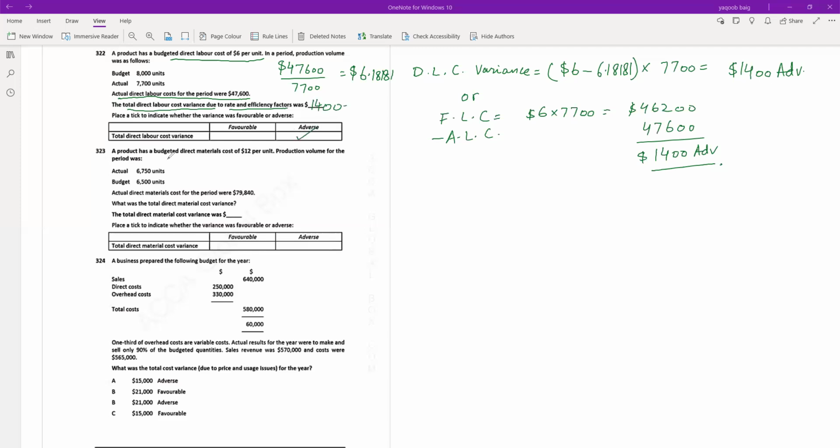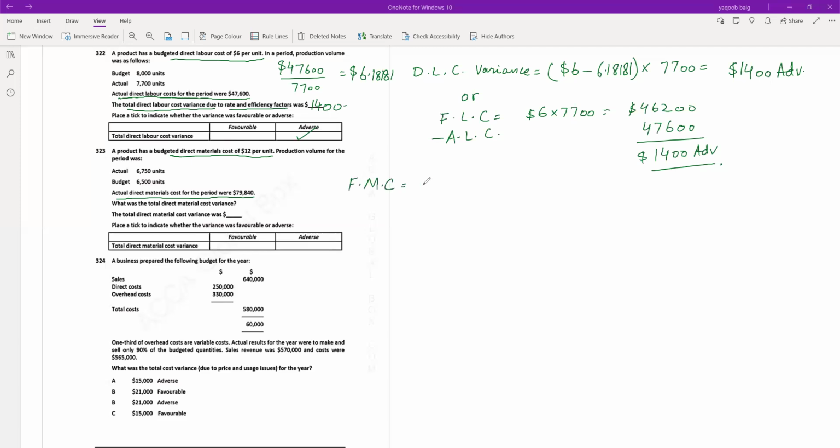$1,400 adverse. A product has budgeted material cost of $12 per unit. Production volume for the period was actual 6,750, budgeted 6,500. Actual direct material cost for the period is 79,840. What was the total direct material cost variance? So once again, same formula we can use.